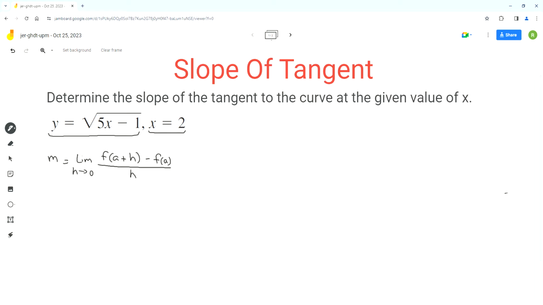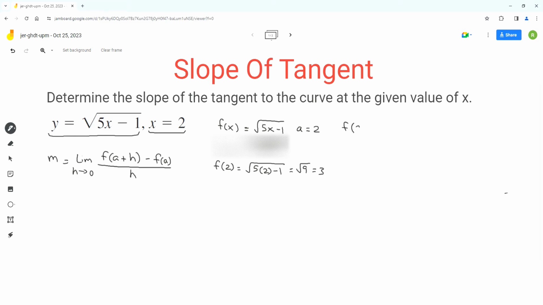Now in this problem, the given function can be written as f at x equals square root of 5x minus 1, and the a value is equal to 2. So if we sub in a as 2, f at 2 is equal to square root of 5 times 2 minus 1, which is equal to square root of 9, which is equal to 3.